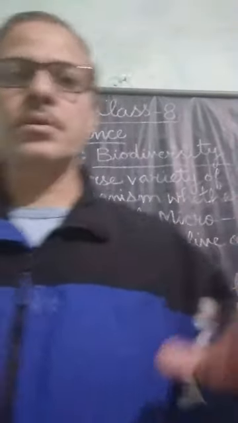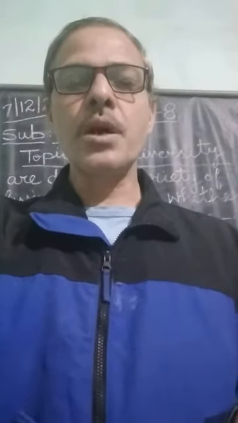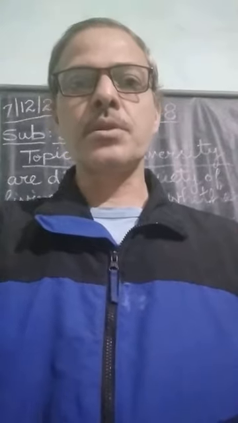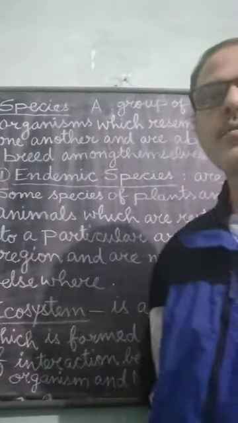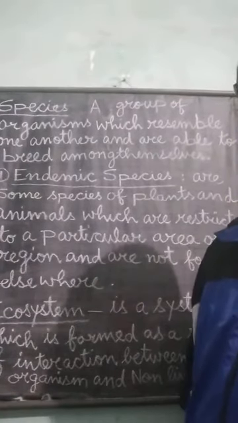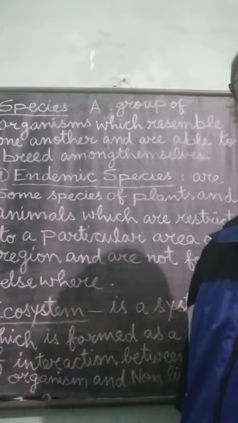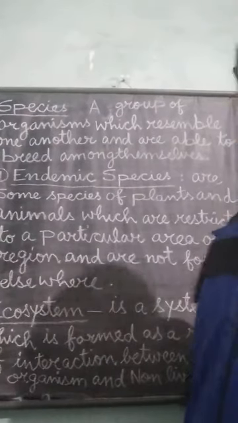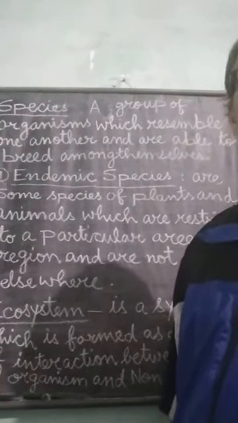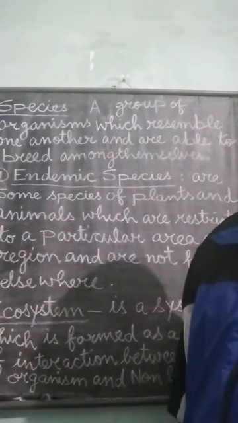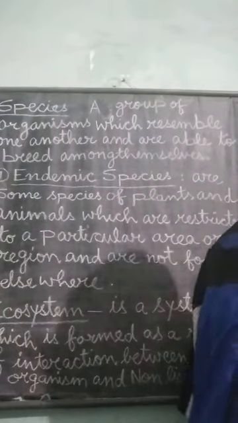Next to this, I am going to explain what you mean by species and endemic species. So first of all, I would like to tell you what are species. Species are groups of plants or living organisms, which include plants, animals, or microorganisms, which resemble one another and have the ability of breeding to produce their young ones.